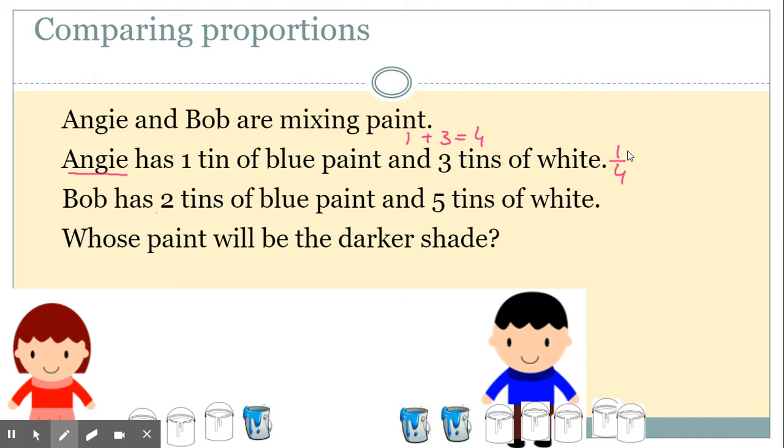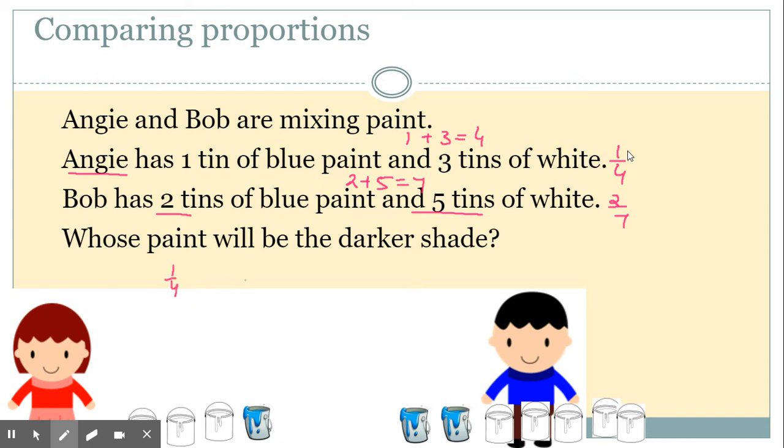For Bob, 2 plus 5 equals 7, so proportion of blue for Bob is 2 out of 7. So I have to see which fraction is bigger. That proportion will be the bigger proportion and that paint will be the darker.